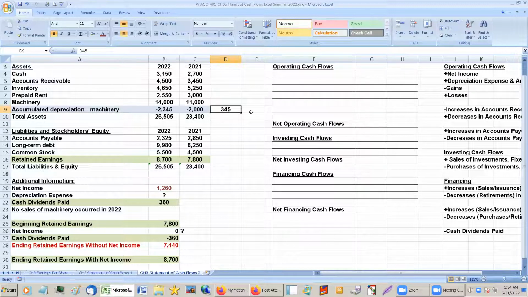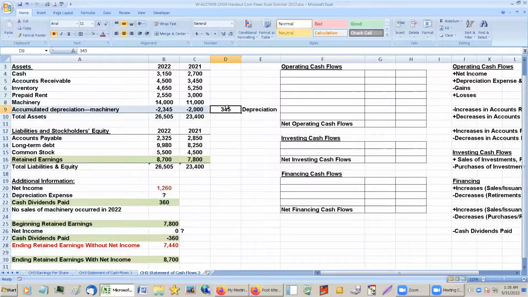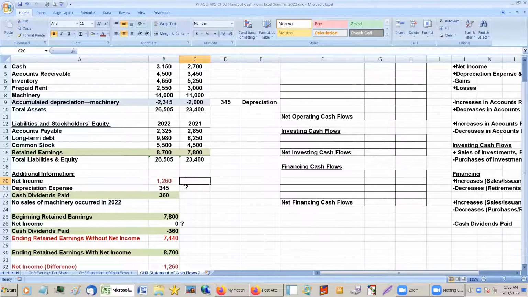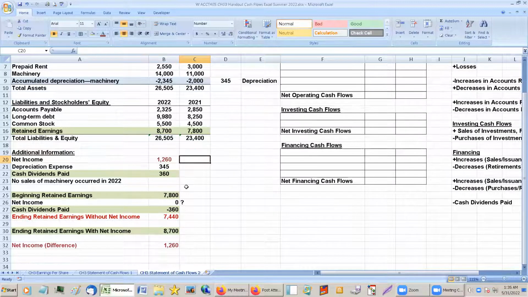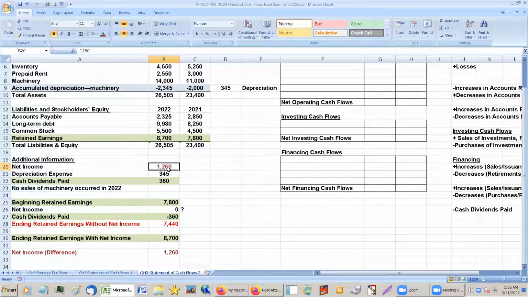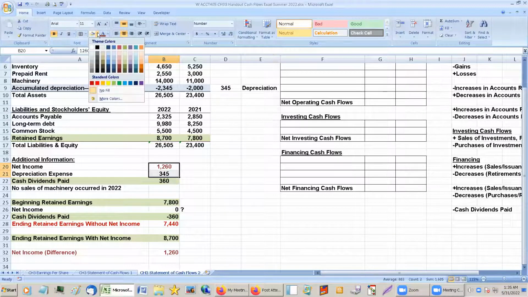This must be our depreciation. So we figured out our two missing numbers here.